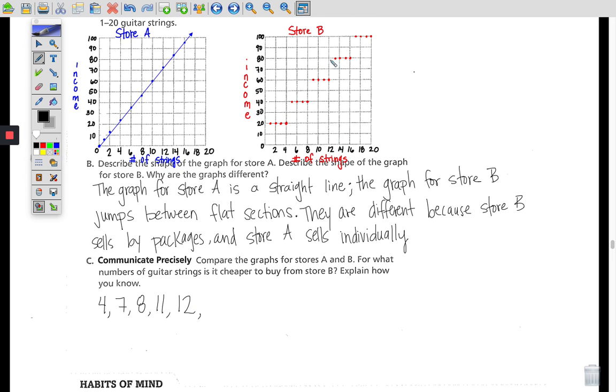Let's see, 13 would cost us $80 here, where 13 is right below 80 if I'm looking at my line here. 14 is above 80. So 14, 15, and 16.